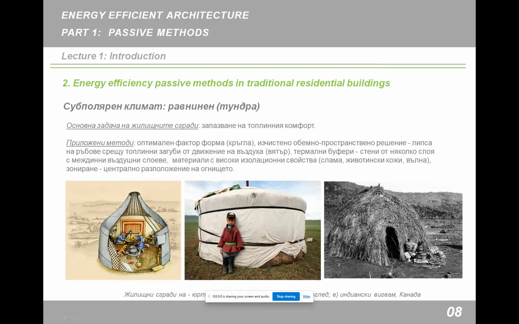They have these circle forms, and also the walls are built in several layers from animal materials such as leather and some textile from animal wool. And the purpose of that layered walls is to keep actually some air between the different layers, since the air is the real insulation material.